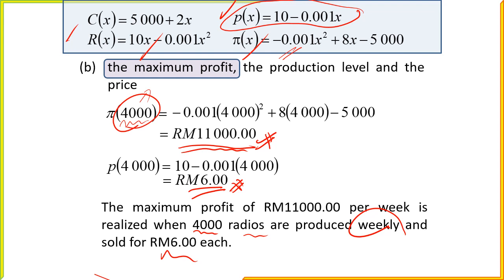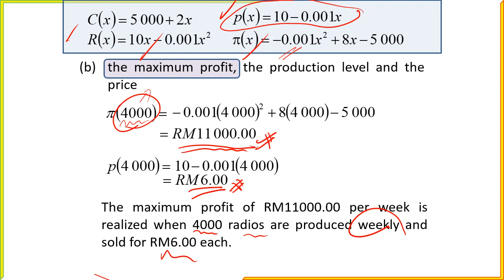But to get the maximum profit, we only need to sell 4,000 units. So revenue and profit, which one is important? Of course, profit. Revenue has not been subtracted by the cost yet.